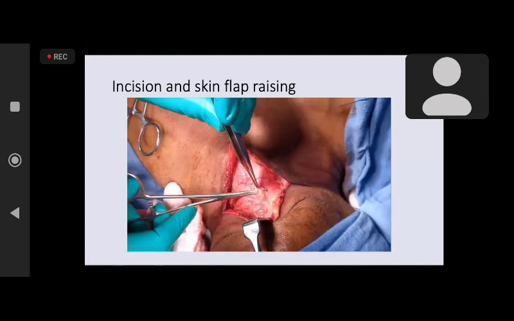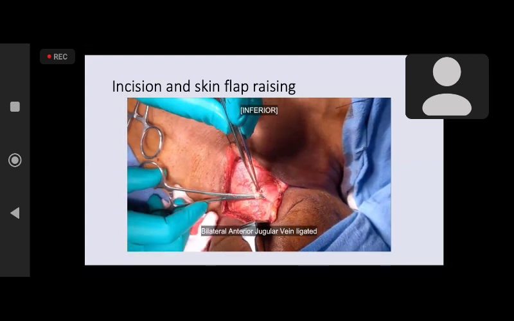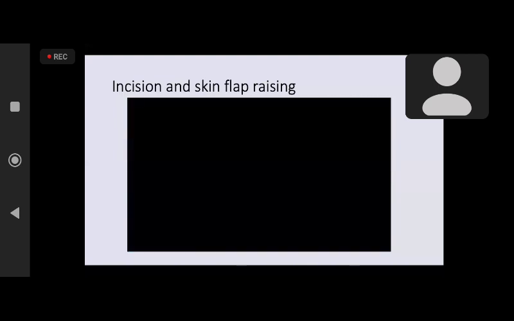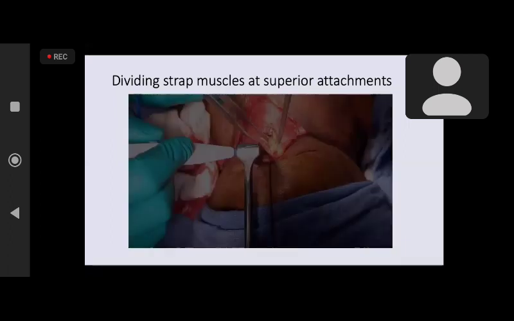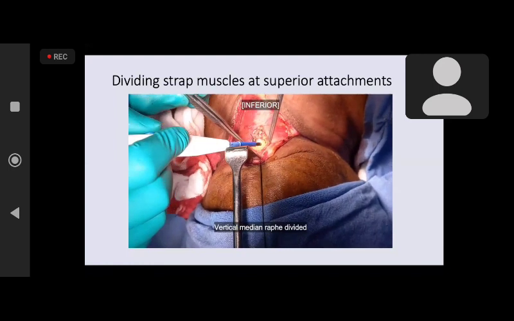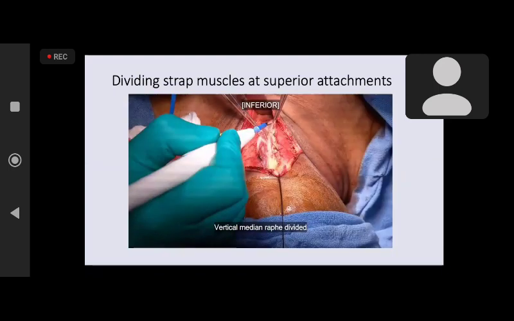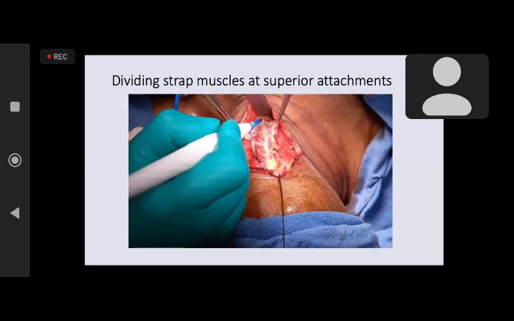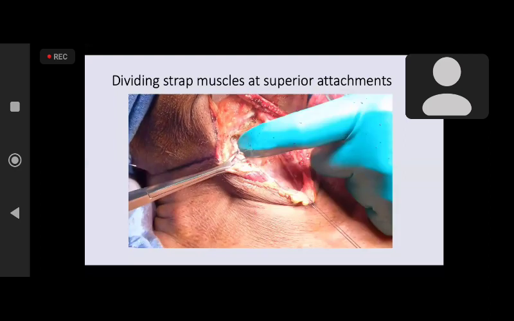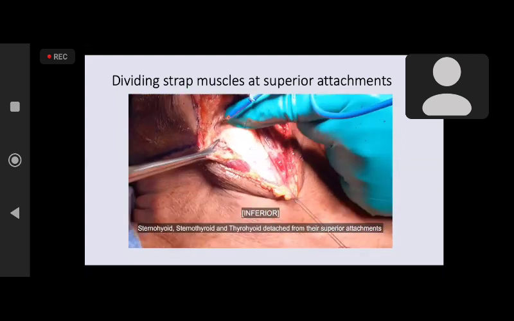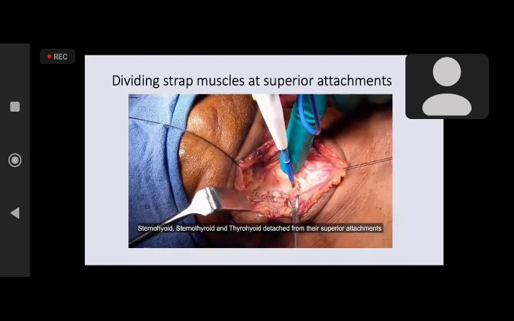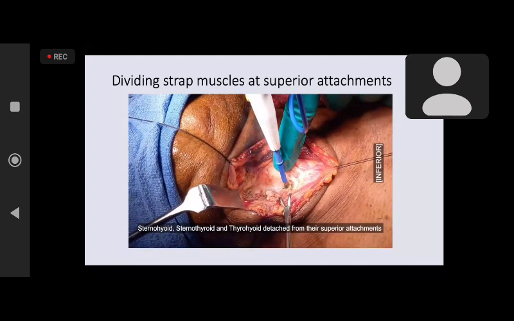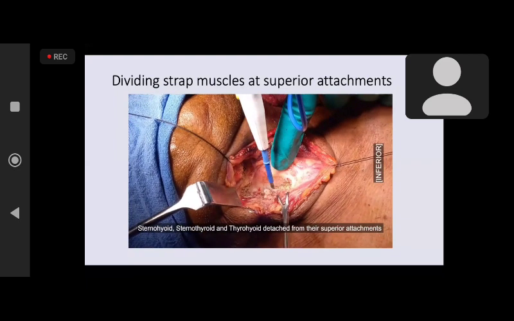So the exposure of the area is important, because we need to release the strap muscles. The strap muscles are released from the superior end after dividing in the midline, like we do for the thyroidectomy. The sternohyoid is released from the hyoid, the sternothyroid from the thyroid, and the thyrohyoid also is released from the hyoid.